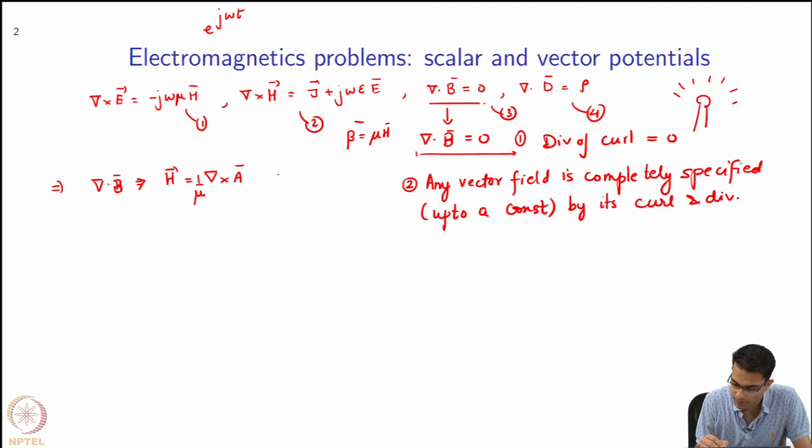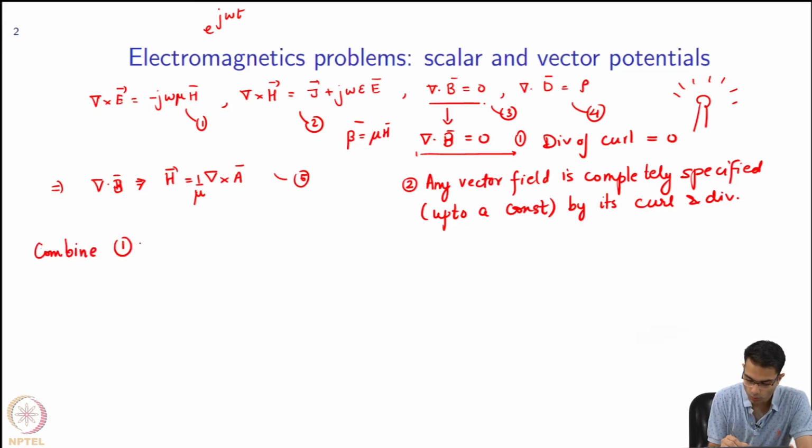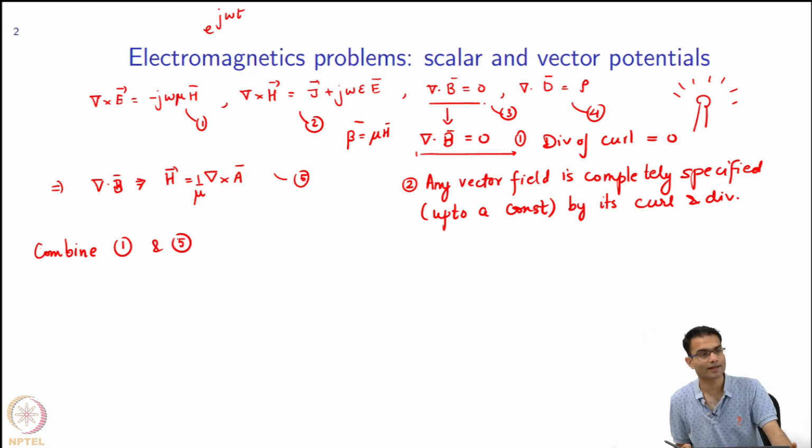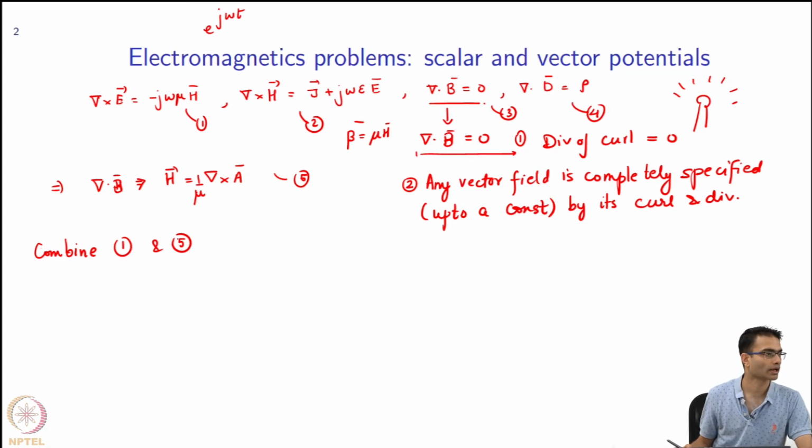Okay, so this becomes my equation 5. So now I can combine 1 and 5, because from 5 I get a relation for h, correct. So what happens now?